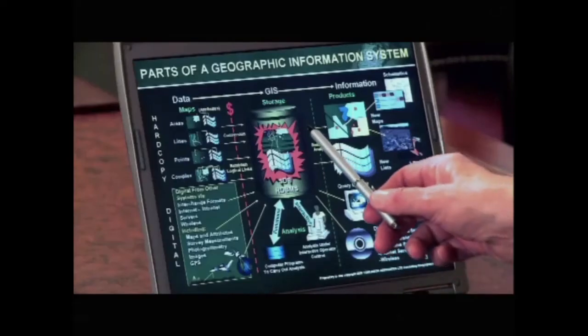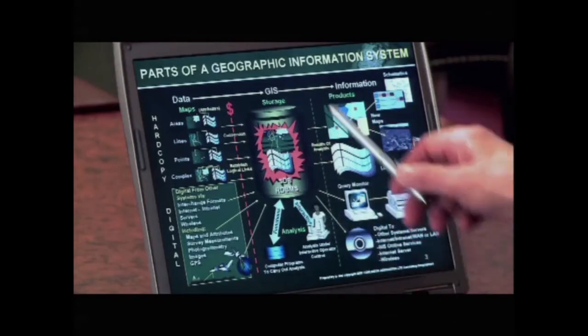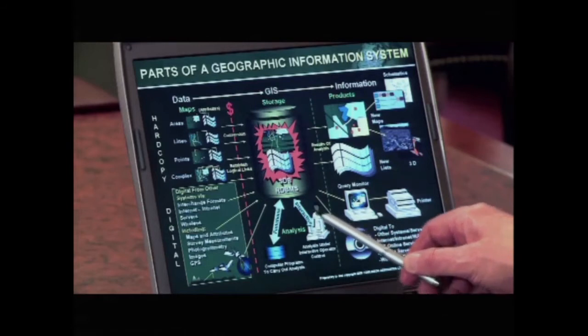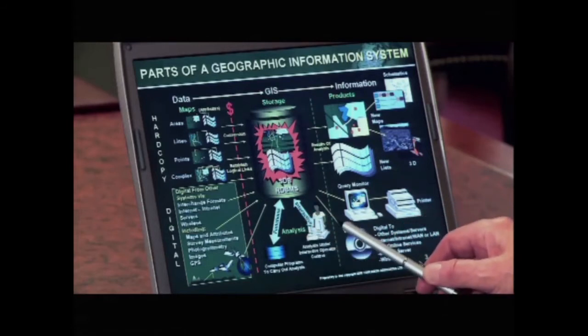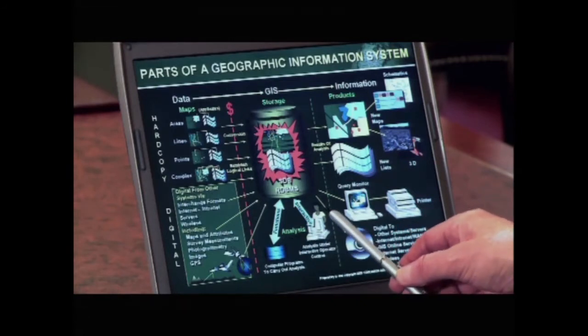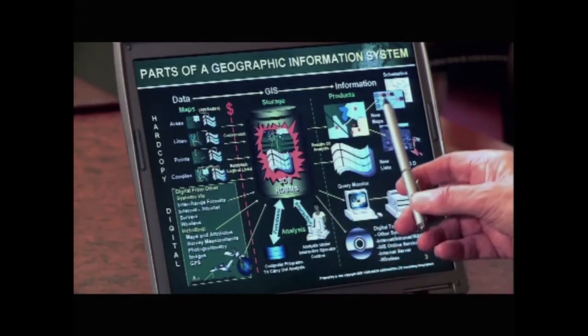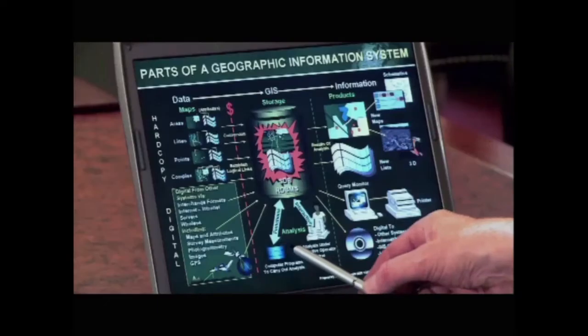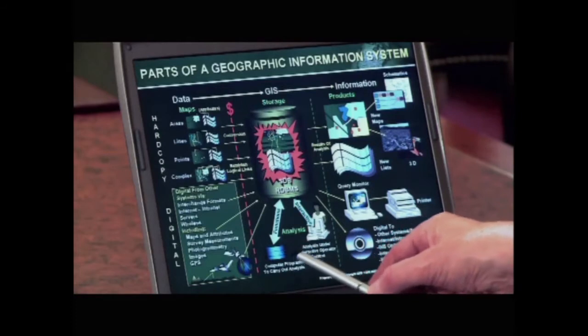These data are stored inside the GIS, where they are amenable to analysis. And the analysis word there is perhaps the most important of all, because GIS are essentially analysis engines. That's what they do. They use the functions of analysis which come in the software which is provided with the system.